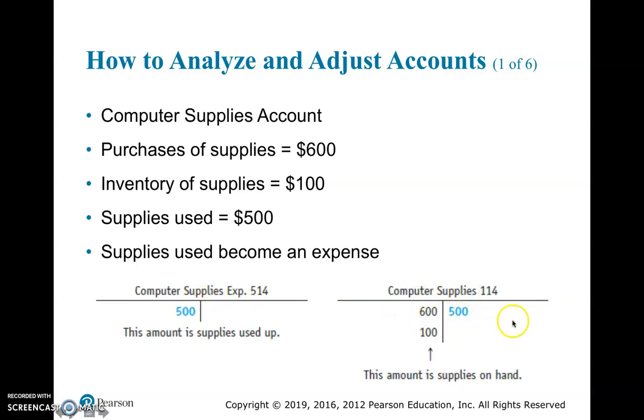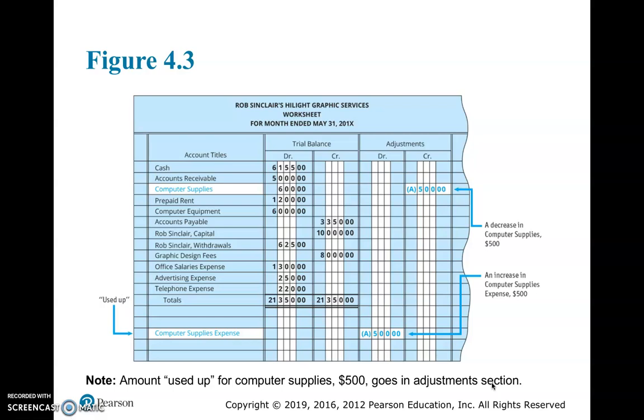So the remaining balance, we need to draw a line in here, is the $100 that is on hand, meaning it's left. So this is one adjusting entry, and of course we show it on the worksheet.